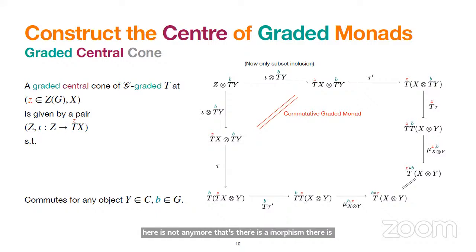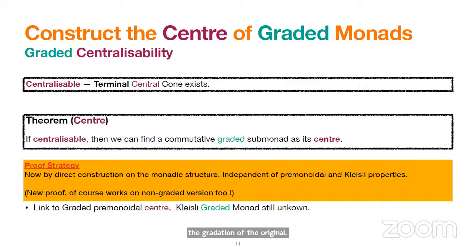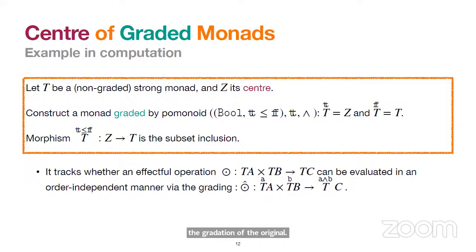We simply take the subset inclusion. So the gradation of the center is just a subset of the gradation of the original graded monad. So it's not so interesting anymore. It's just subsets. So actually, it's simply making the monad more explicit, and we are simply checking the effects.